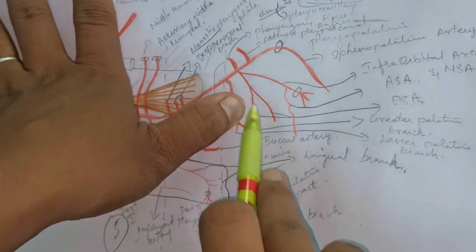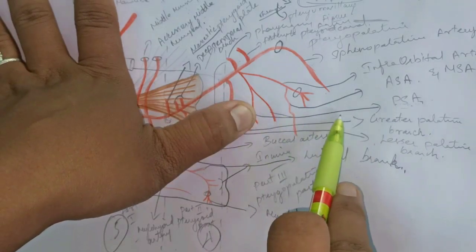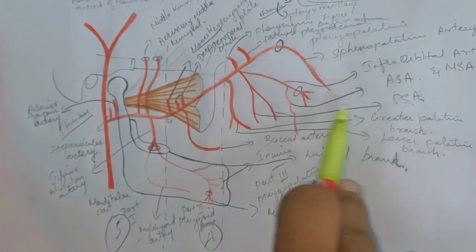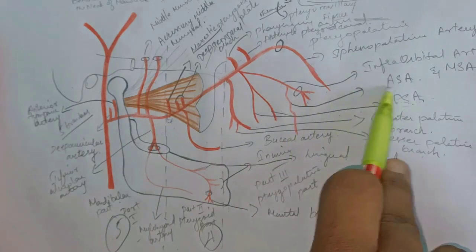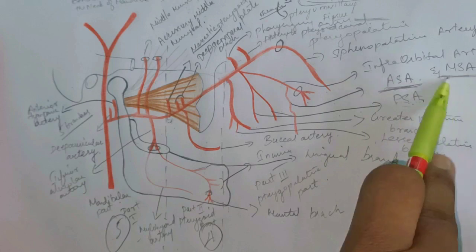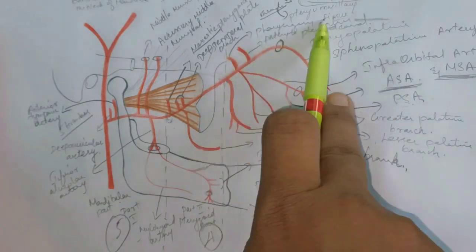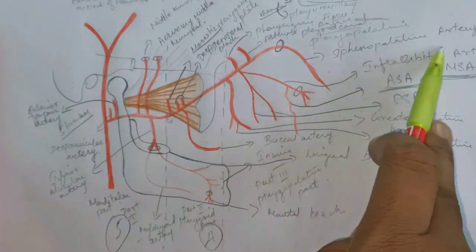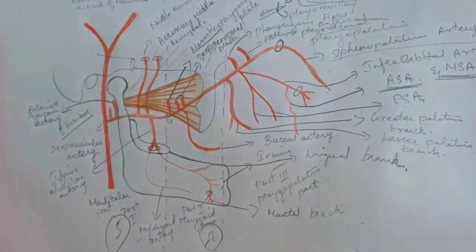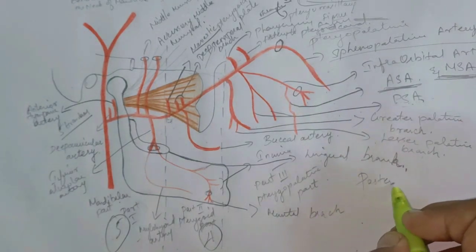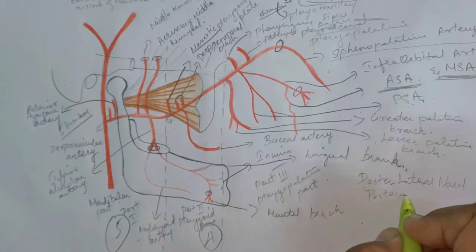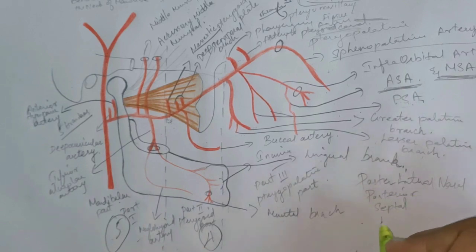This is your first branch, that is greater palatine branch, which supplies the greater palatine region, and the terminal branch is lesser palatine, and other one is your PSA, posterior superior alveolar artery, which supplies the posterior teeth, and infraorbital artery, which gives two sub branches, that is ASA and MSA, anterior superior alveolar artery and middle superior alveolar artery, and other branch is pharyngeal branch, which supplies the nasopharynx region, artery to pterygoid canal, and last one is your sphenopalatine artery, which divides into two and gives posterior lateral nasal and posterior septal branches.